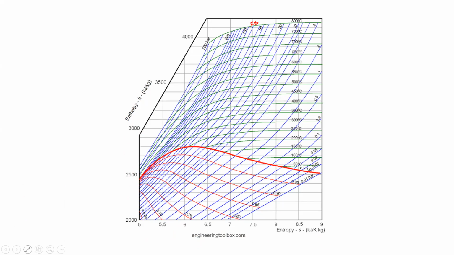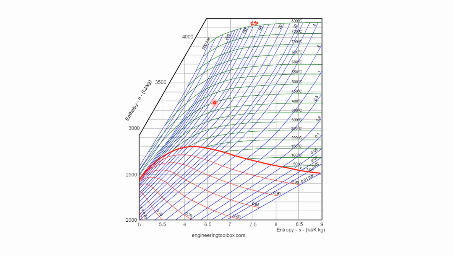For finding H1 in the HS diagram, first of all I have to mark the enthalpy at that particular condition. From 50 to 70, I have a position at the 70 position. I have a 70 bar line, and I mark on this. The line may follow this one.